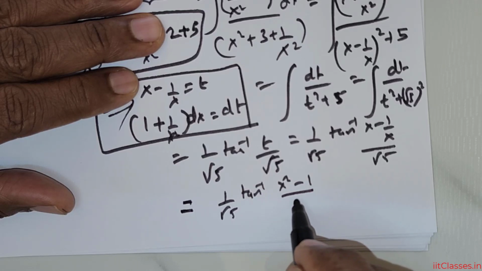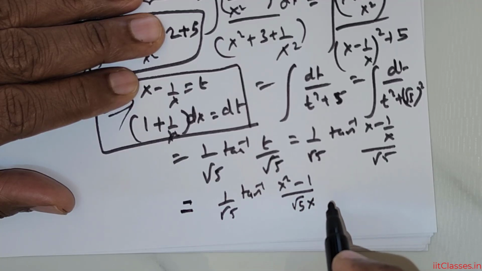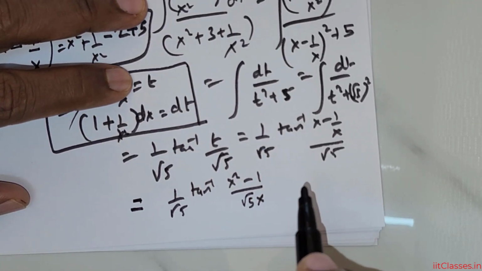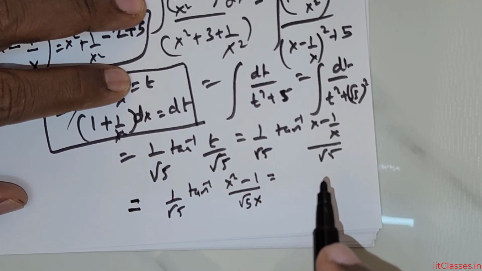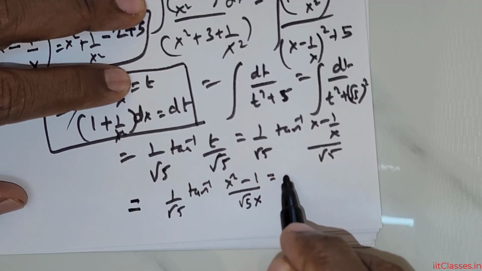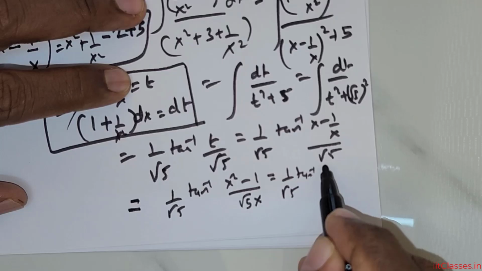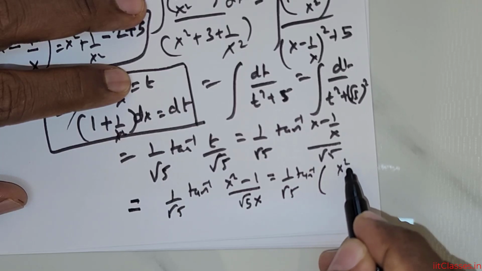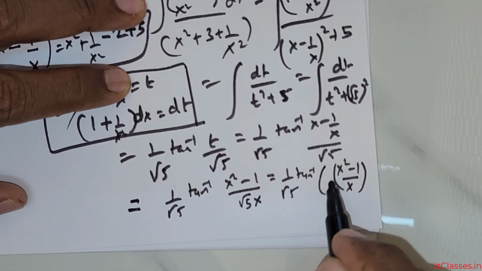So I have x there, but what I need to do is write that as root 5 into x. You can further rewrite this as 1 over root 5 tan inverse of (x squared minus 1) divided by x times 1 over root 5.